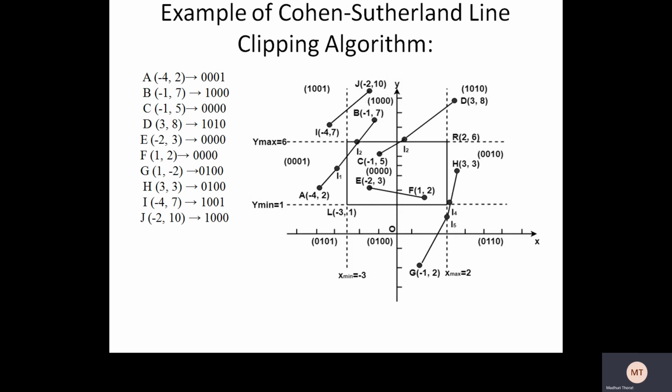Finally, we get the lines as seen in this polygon: C to I2, EF, and I2 to I1. These are the portions which lie in the polygon, and with the help of the Cohen-Sutherland line clipping algorithm, we clip all the lines present in the polygon. So it is a very simple algorithm to find the clipping of a line. Thank you all.